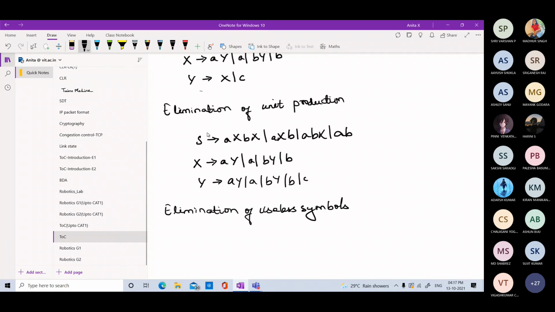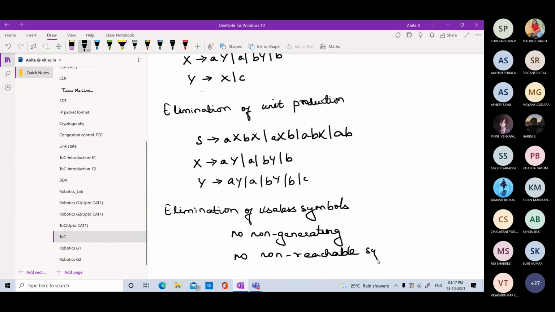Is there any non-generating symbol? No, because all the non-terminals have productions. Which is the non-reachable symbol? No symbol. From S I can reach X, and from X I can reach Y. So all the symbols are reachable.